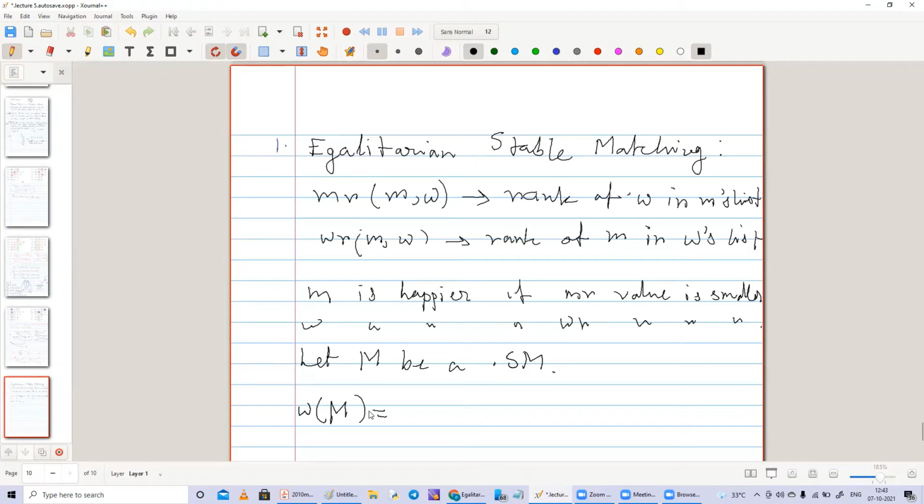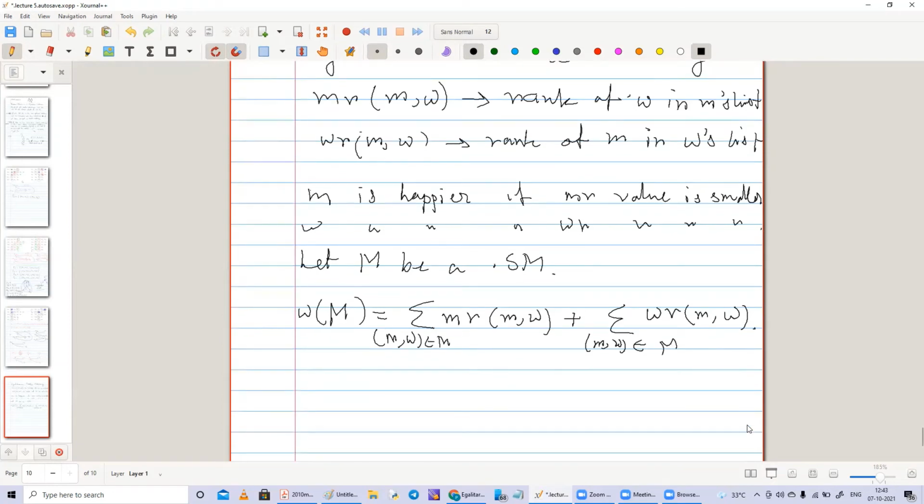Then we compute this expression for this matching, that is the sum of all the MR values of MW edges who belong to the matching, and the WR values of those MW edges who belong to the matching.